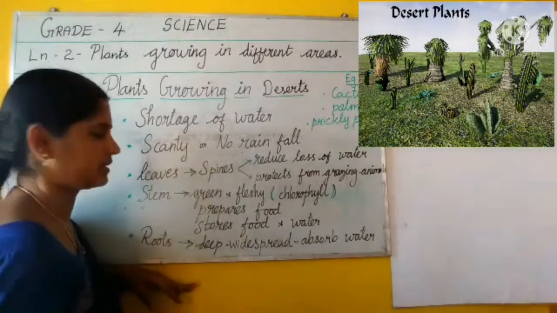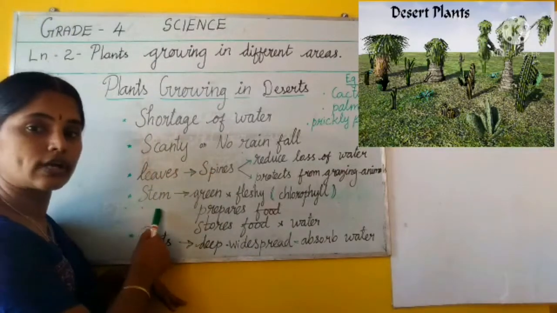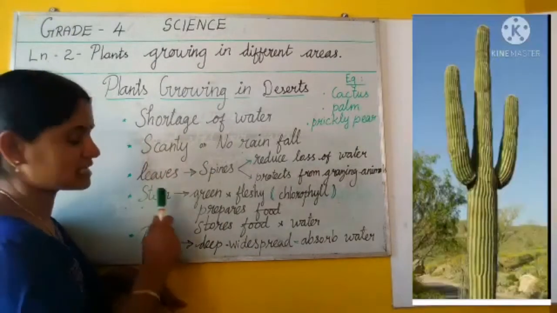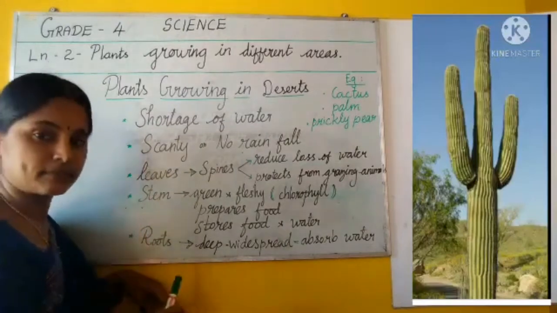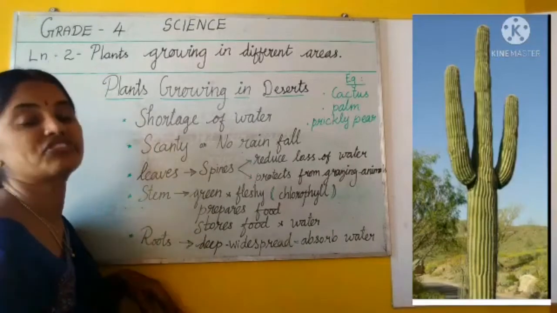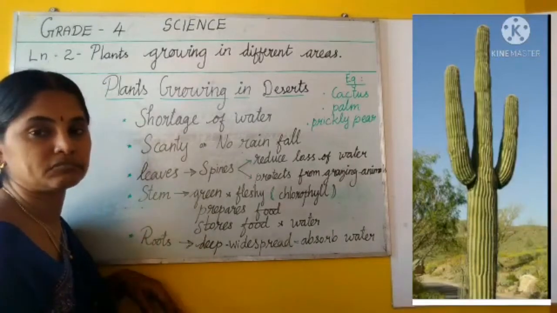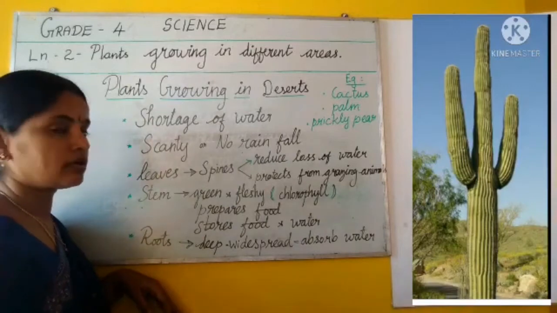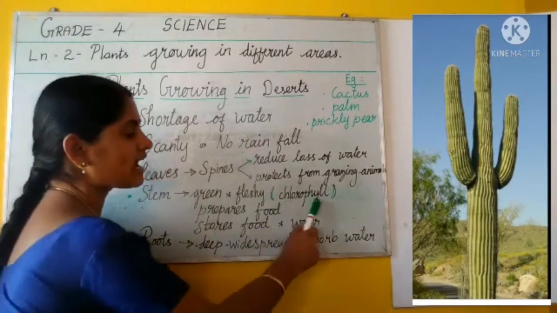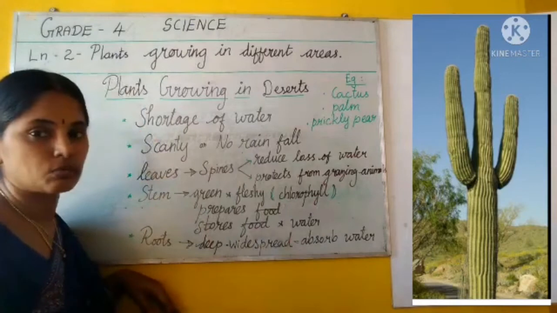Then look at the features of stem in desert plants. The stem is green and fleshy, because the stem has chlorophyll in it.